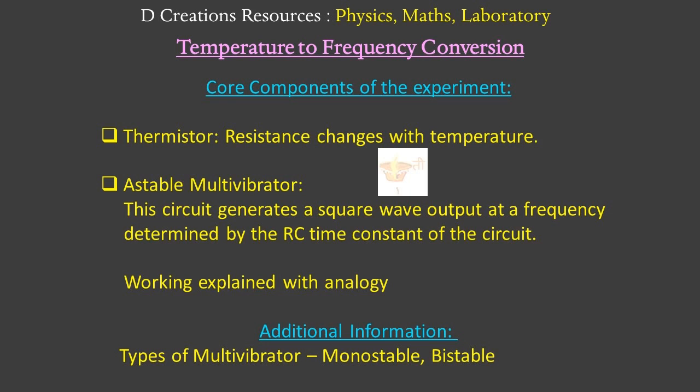Okay, so when one switch is on, it makes the other switch turn off, and when the second switch is off, something like a capacitor charging up starts to happen, which eventually makes the first switch turn off. The moment the first switch is off, again this process repeats and makes the second switch turn on. And so it goes on back and forth, making the switches flip on and off continuously.